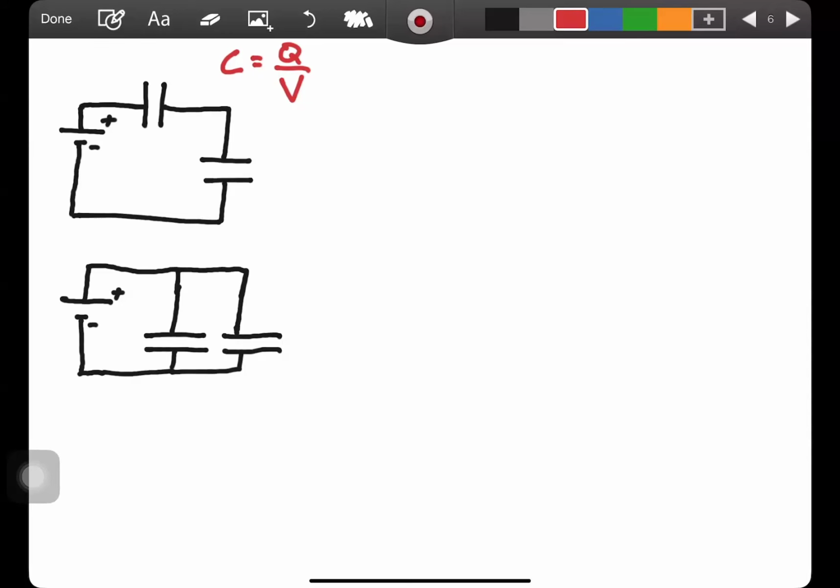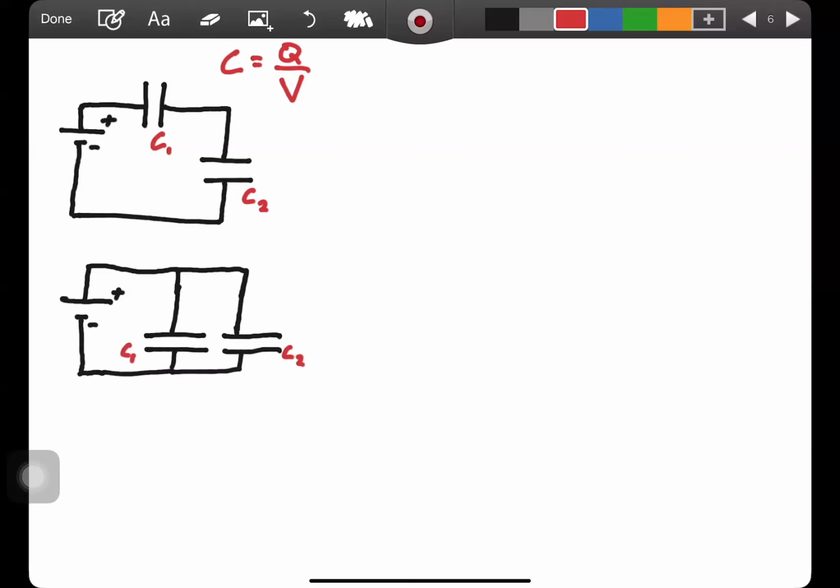So in the first scenario where we have capacitors in series, we'll call this capacitor C1 and we'll call this capacitor C2. And again, they're in series because there's different voltages when you first encounter C1 versus when you encounter C2. I'm also going to write C1 and C2 down here. Those are in parallel.